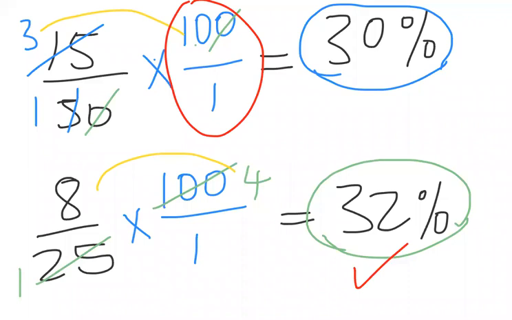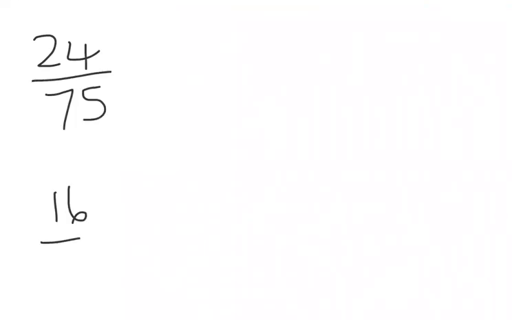Let's just do one last example, and then we are complete. So let's do, what is bigger, 24 over 75 or 16 over 20? Let's do this one first. Multiply that by 100 over 1.